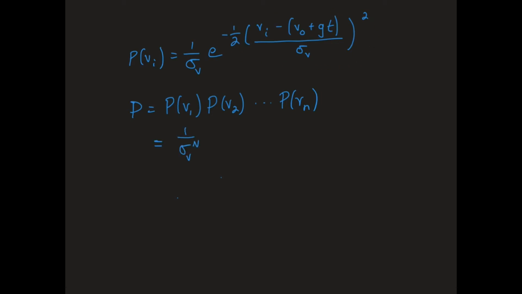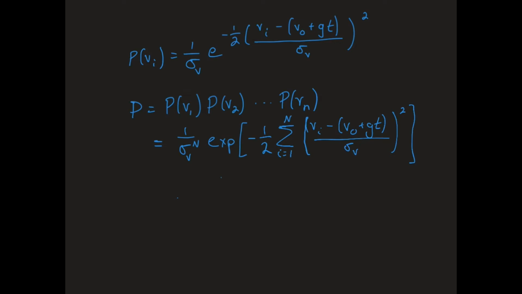Notice I get n factors of that uncertainty, right? I get n factors of those because there's one for each probability. And I get the exponential of a big sum of each one of the terms up here, which looks like that. So a sum of n values, so I should probably write this as i from 1 to n.